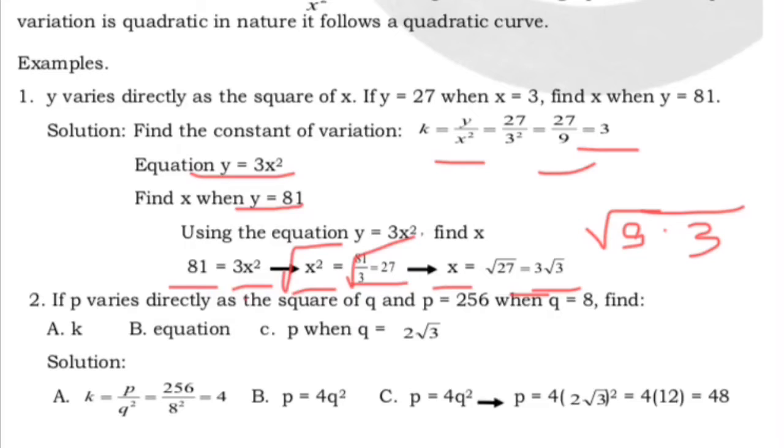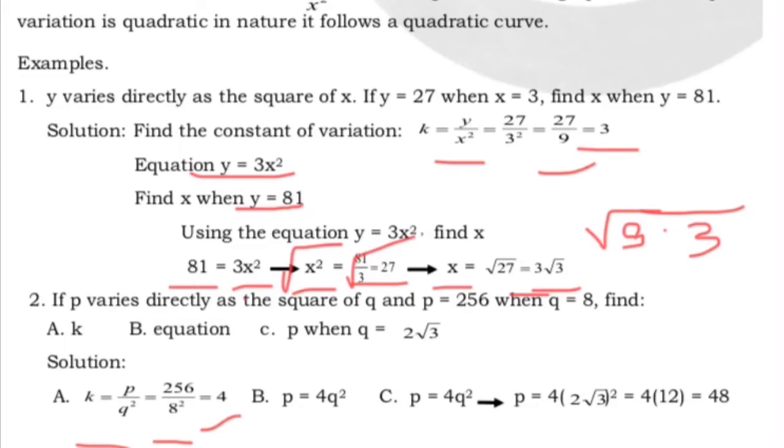We're going to use k is equal to p over q squared. Given p is equal to 256, substitute 256 over q, which is 8, so over 8 squared. Then 8 squared is 64. So we're going to have 256 divided by 64, and that is equal to 4.